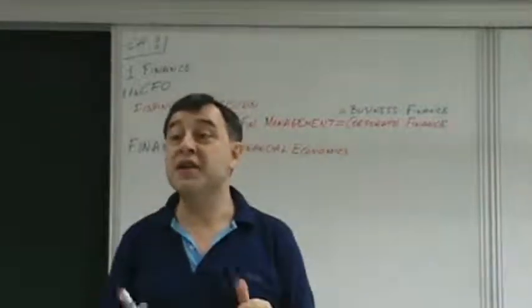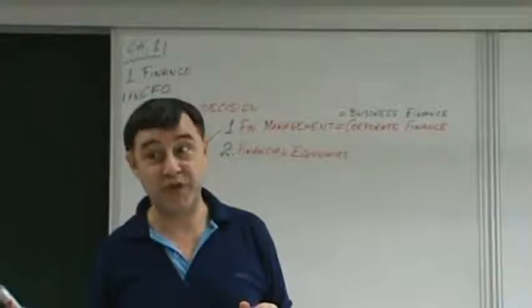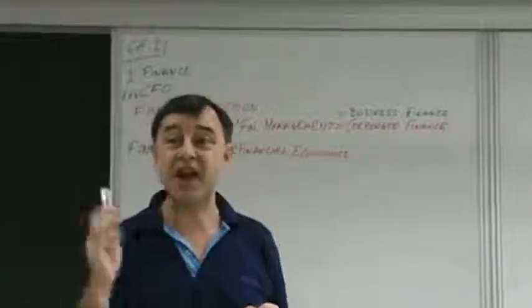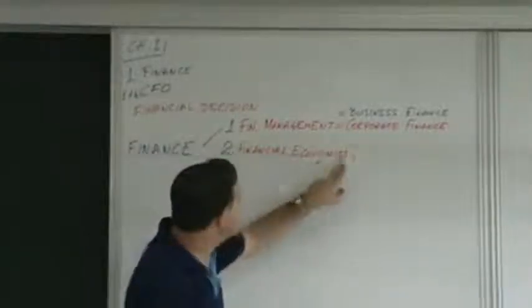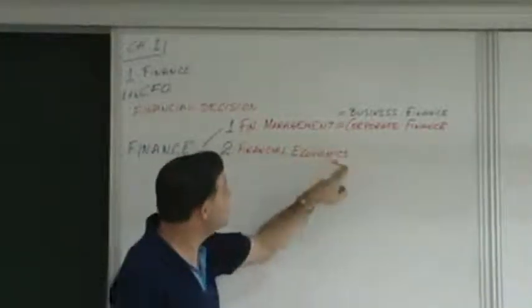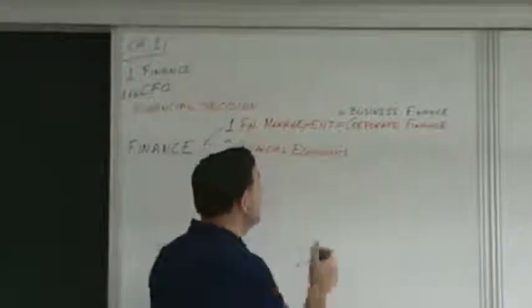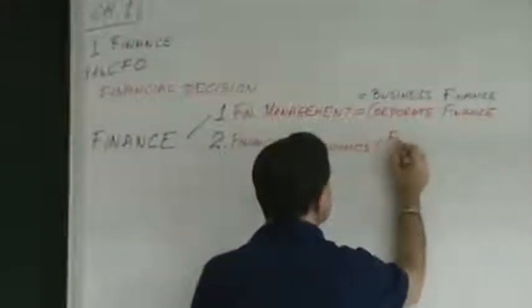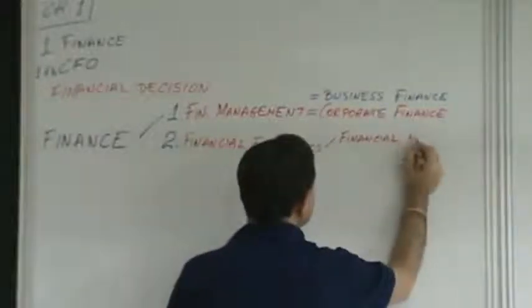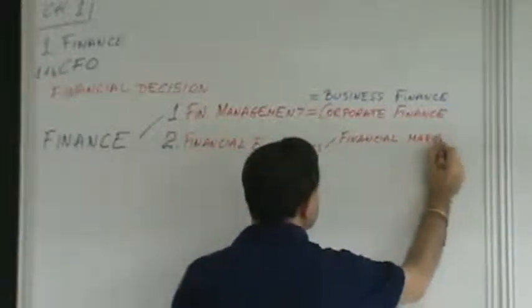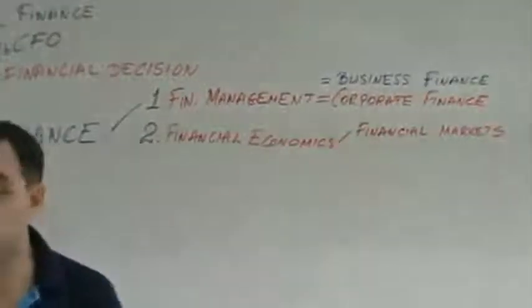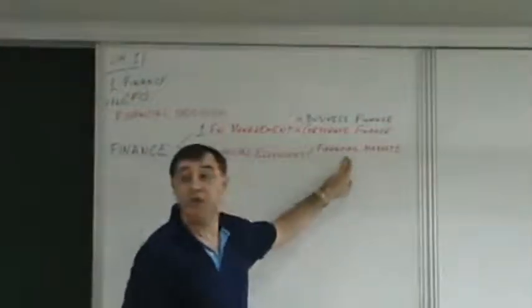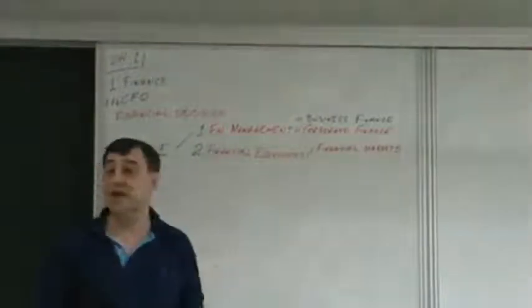And one of those important fields is the one which you've studied. And the one you've studied is called financial markets. So, a subfield of financial economics is financial markets. Okay, so financial markets is an important field of financial economics.